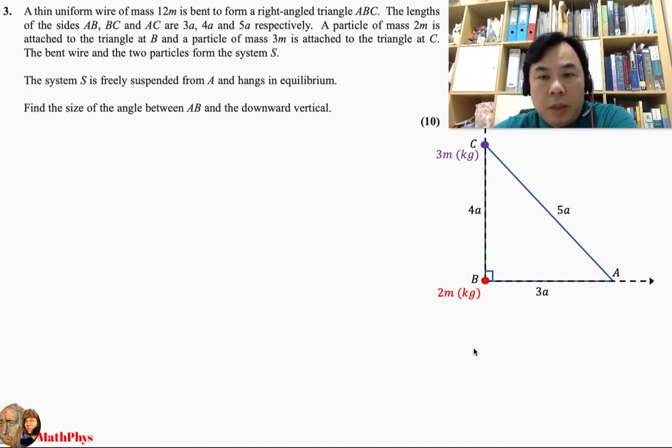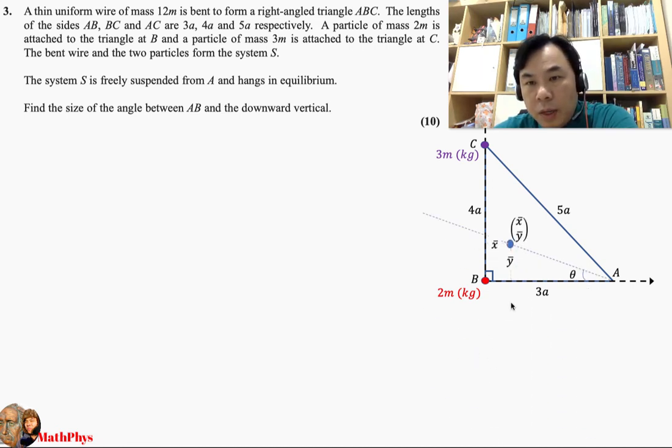Let's assume that the center of mass is located somewhere here, where x bar and y bar are stated according to this diagram. X bar is the vertical distance from the line BC, whereas y bar is the vertical distance from the line AB here.